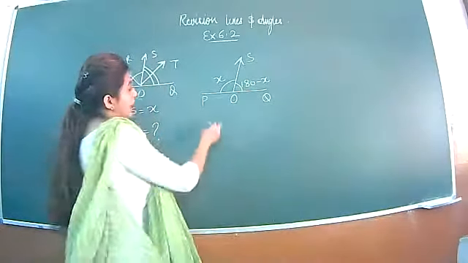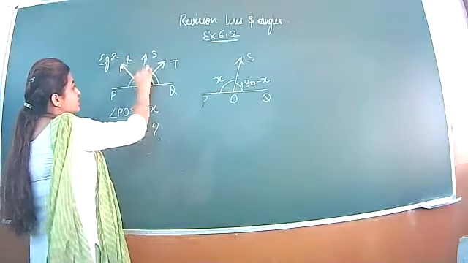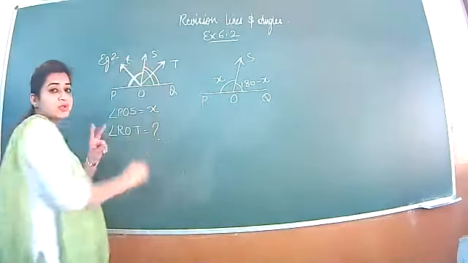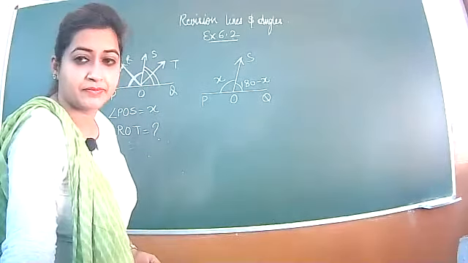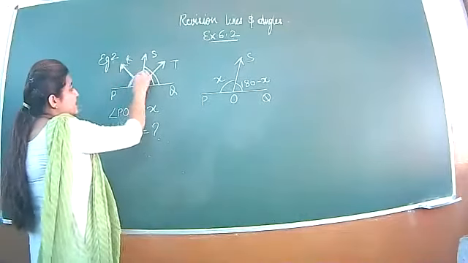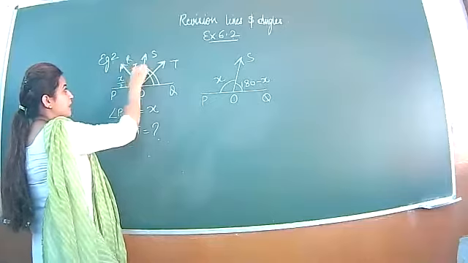Now, you have one ray OR which divides this angle into two equal parts because this is the bisector. As this angle is x, can I write that this angle is x by 2 and x by 2?